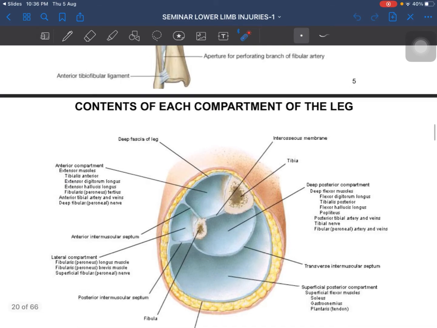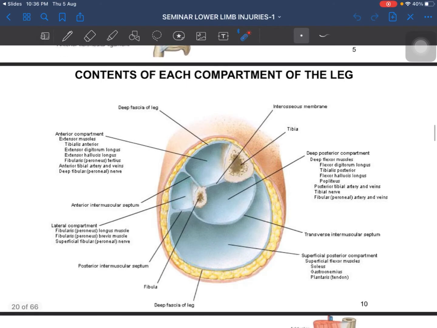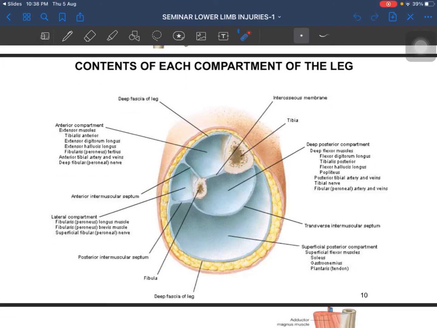Let's look at the contents of each compartment of the leg. This is the tibia, this is the fibula. In between is the interosseous membrane. Anteriorly we have the anterior intermuscular septum, posteriorly we have the posterior intermuscular septum, and there we have the transverse intermuscular septum.